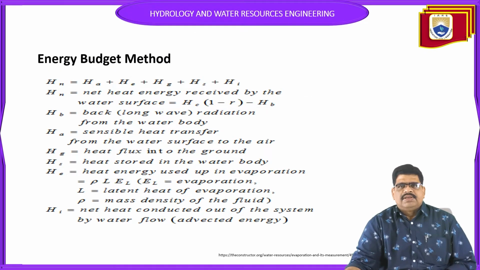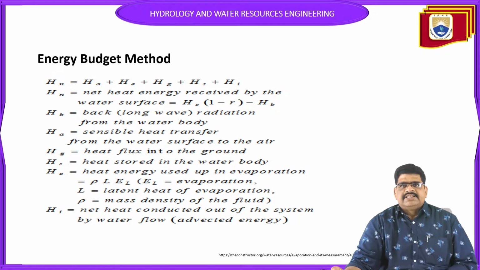Next, there is a formula that has to be applied for the energy budget method. Here the energy budget is HN equal to HA plus HE plus HG plus HS plus HI. So this is the formula to find the energy budget.